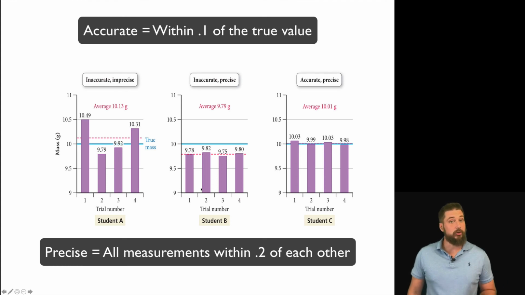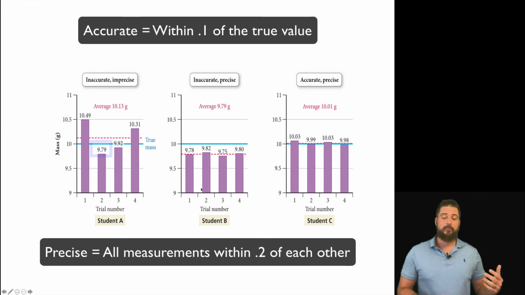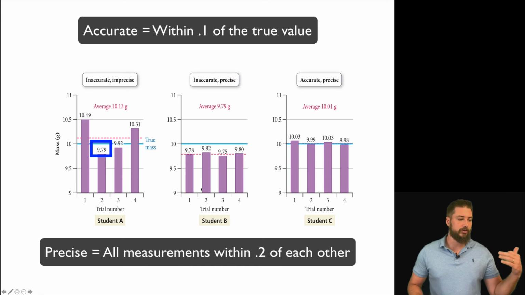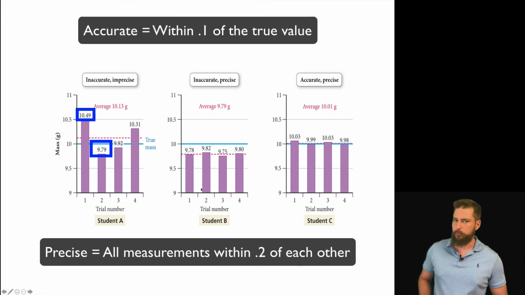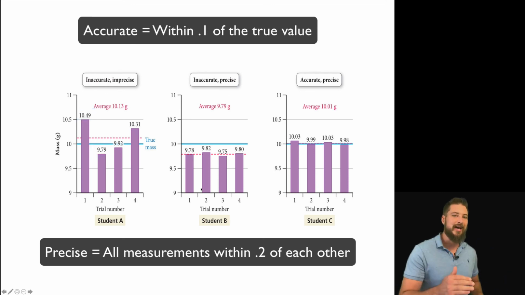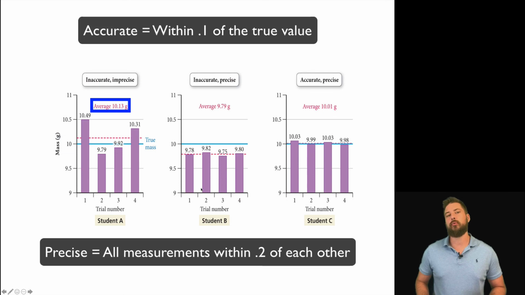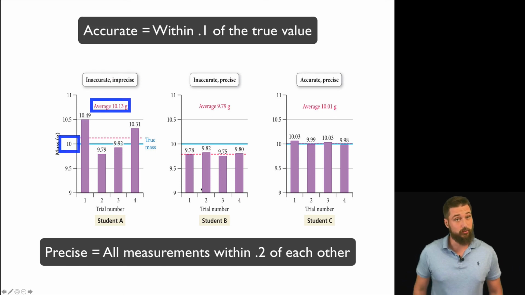In student 1, you can see that, first of all, it's not precise. The 9.79 compared to the 10.49 is more than 0.2 away from each other. The other thing too is the average is more than 0.1, so we're going to say that it's inaccurate and it's not precise as well.